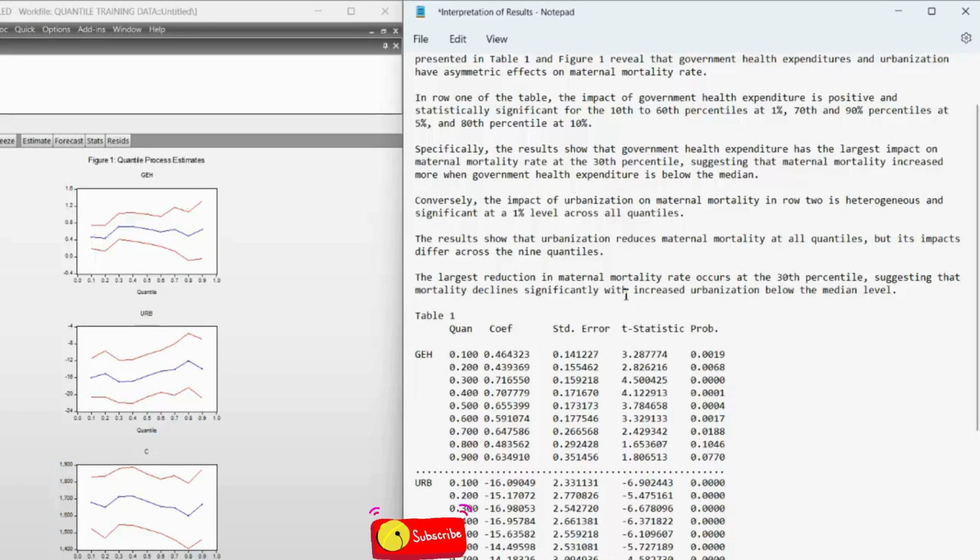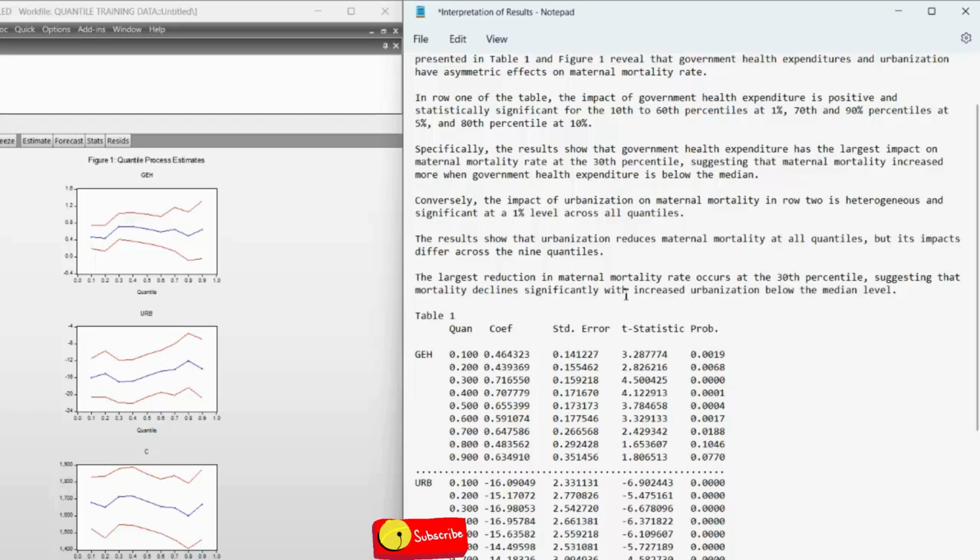Then you can make reference to that: these results align with the findings of Mr. A, Mr. B, and Mr. C. Then you need to let us know whether these results conform with the a priori expectation. Of course, this is not in line with the a priori expectation, because what is expected is that government expenditure should have a negative effect, that is, it should lead to a reduction in the level of mortality rates.